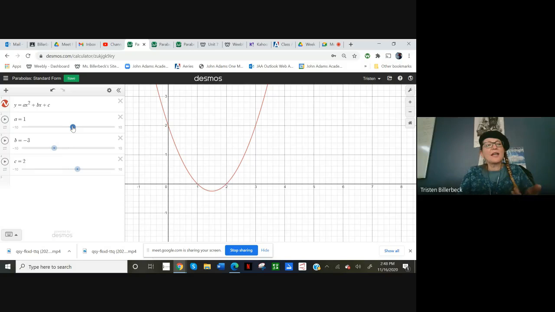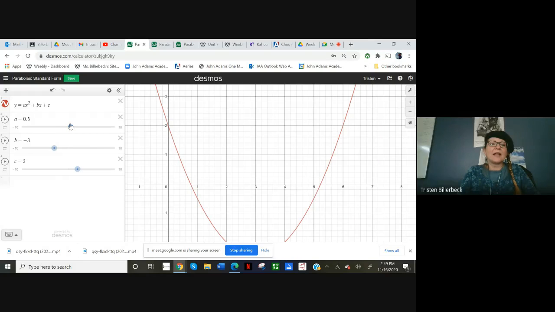As I make a a larger number, this is going to be a narrower parabola. See how narrow that's getting? Okay, so it's like a rosebud. It's very steep in slope. But as I get closer to below 1 and closer to 0, look how wide that parabola is getting. Look at that. That's huge.